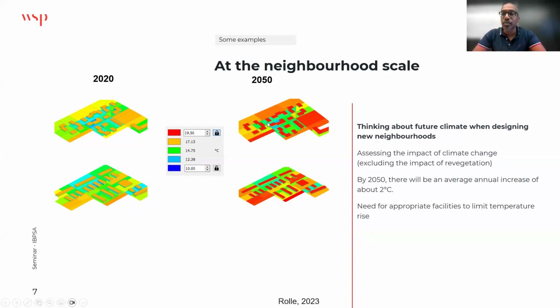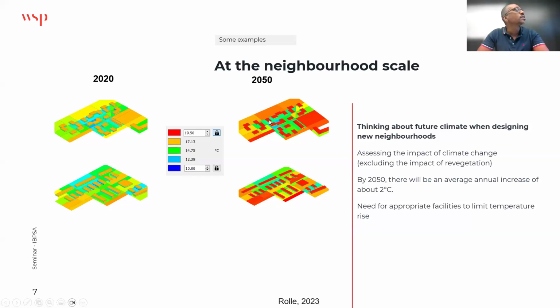So the objective of the study was to evaluate how the densification of this neighborhood would help drive the design of the neighborhood, by using tools such as CitySim in order to decide which scenario is best for the 2050 climate. We saw that the neighborhood with a more diverse variety of buildings was more resilient to the increase in temperature.